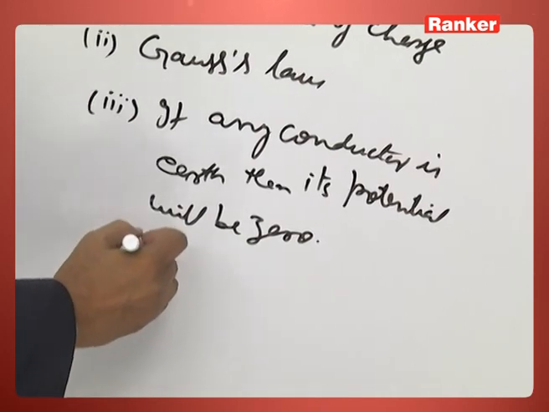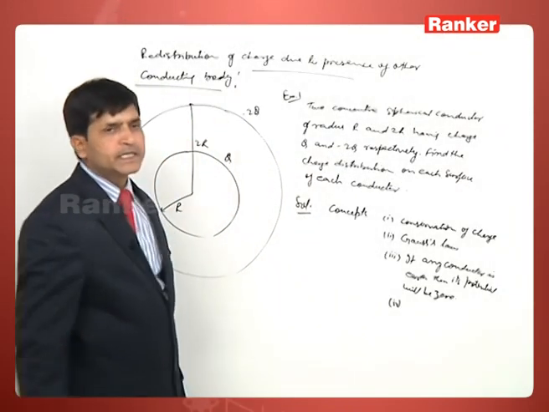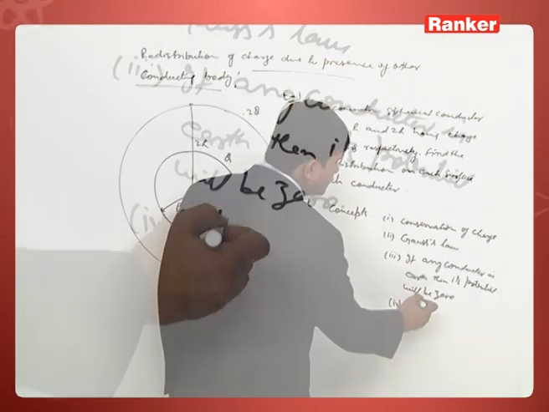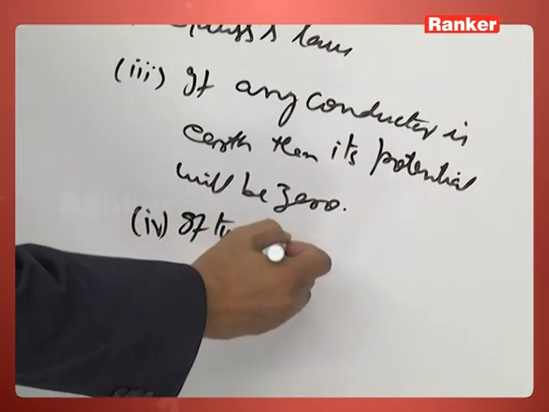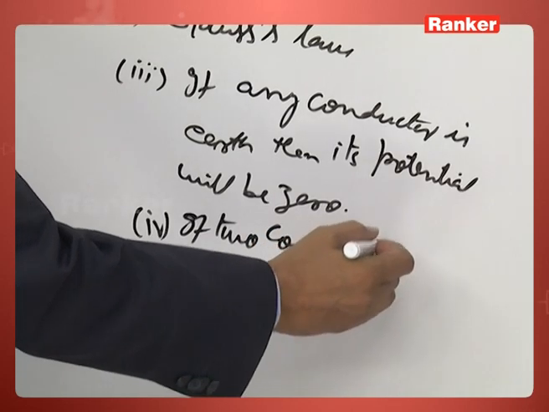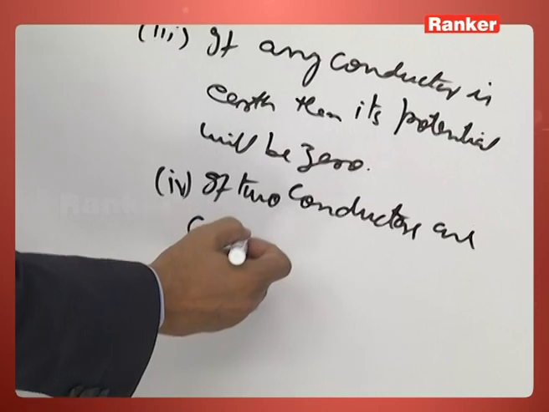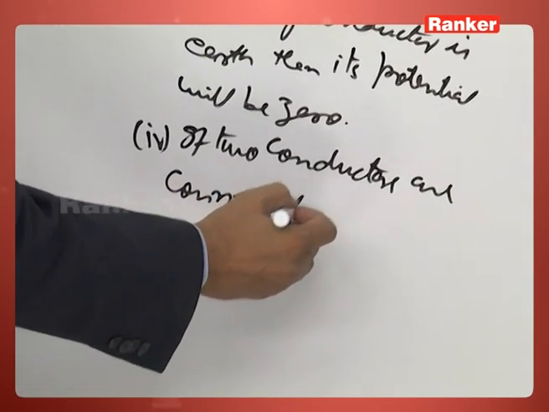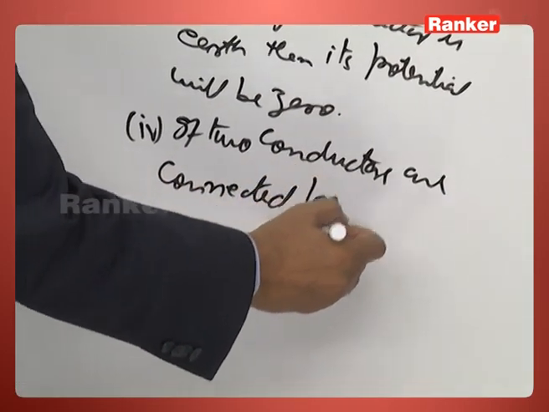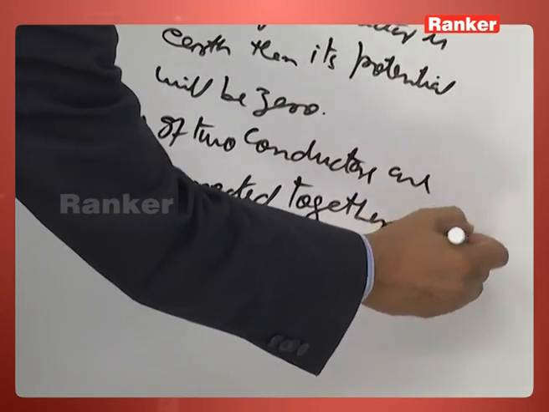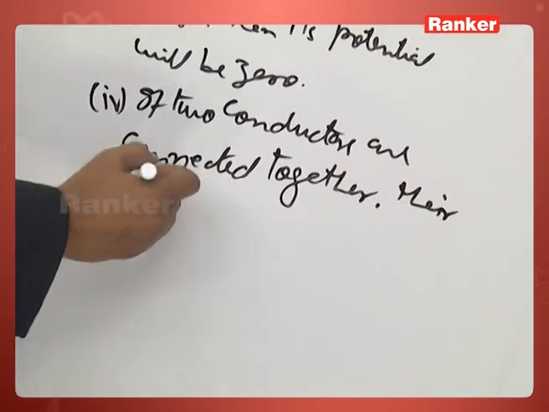And fourth we can say, if two conductors are connected together, so their potential will be same.